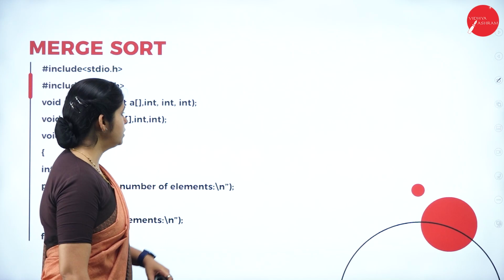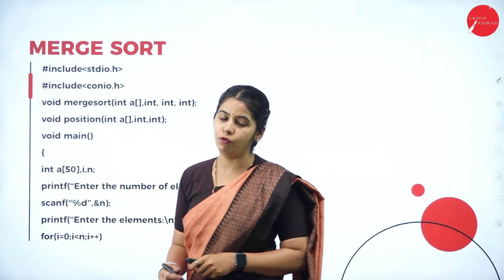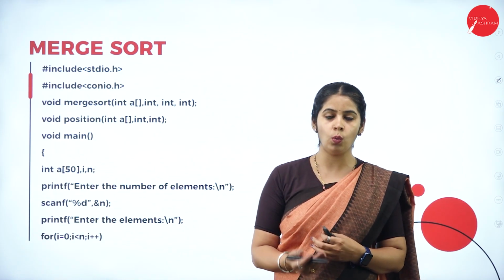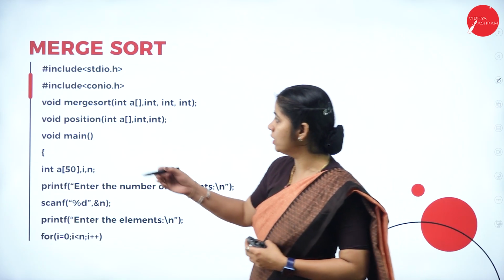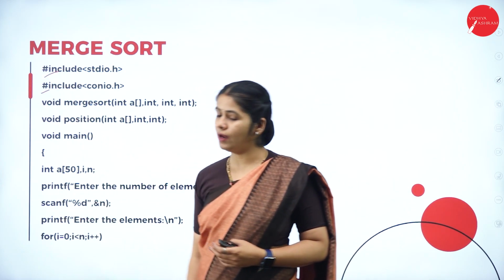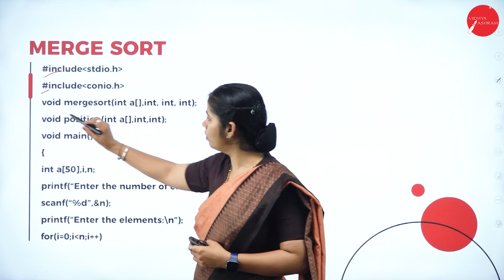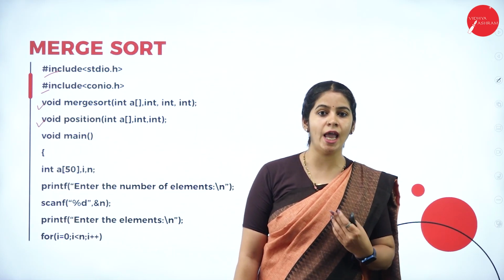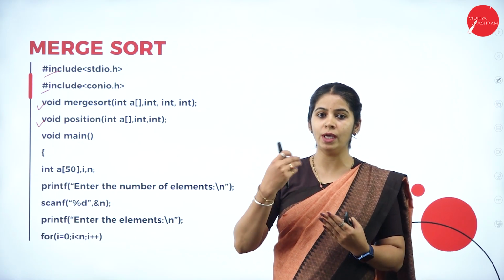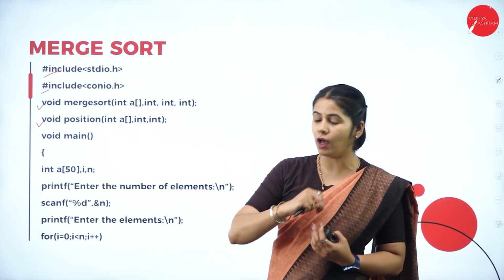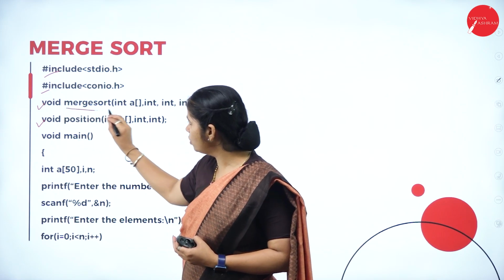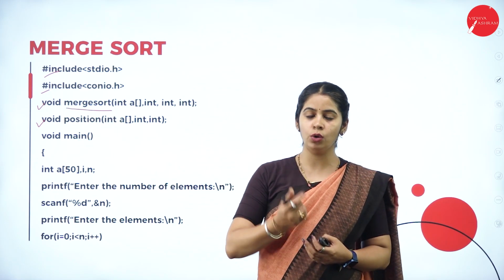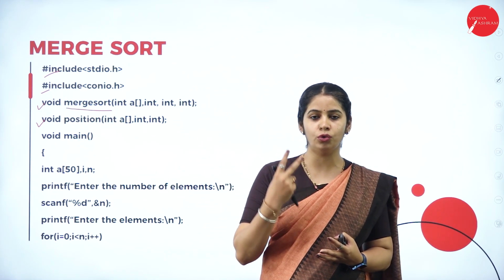Okay, next we'll look into the C code for merge sort. As we know, when we are using the C code, obviously we should include the header file. After including the header file, we are declaring two functions which are going to be used in the program. What are the two functions? One is merge sort. As I just explained, we have to do the two partitions or two functions.